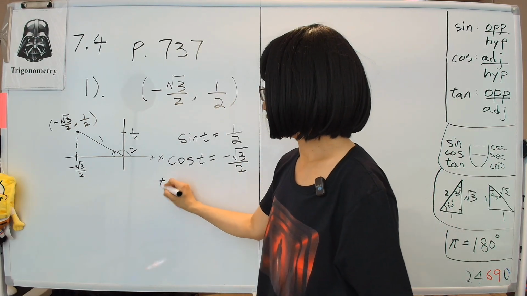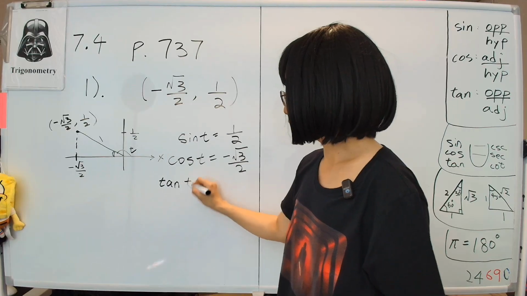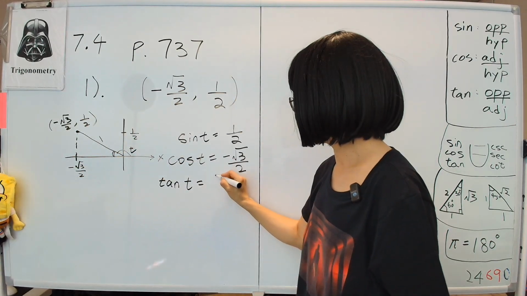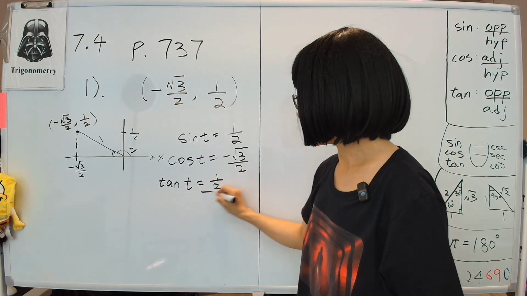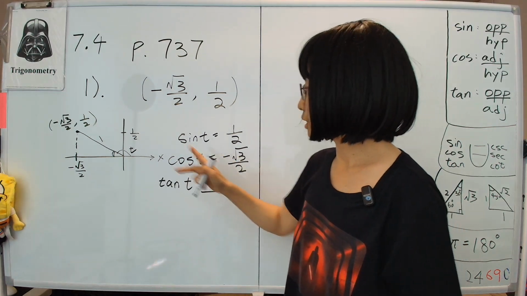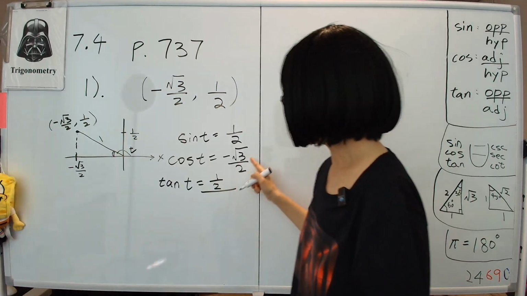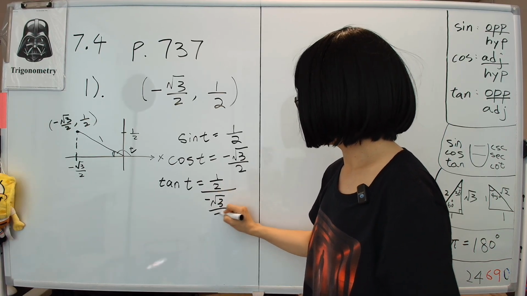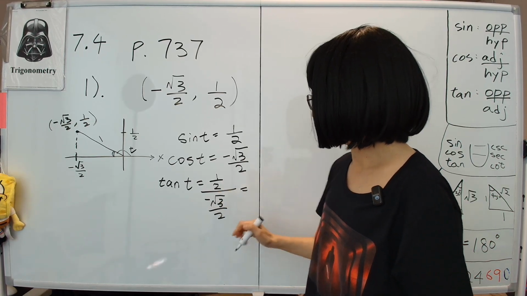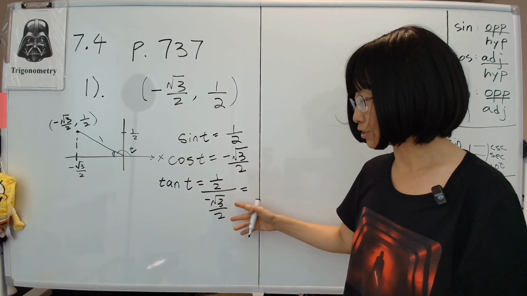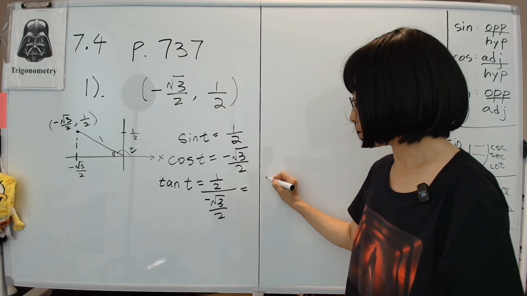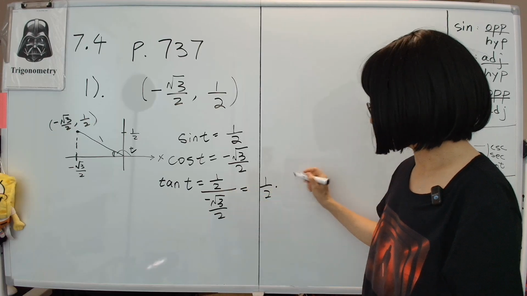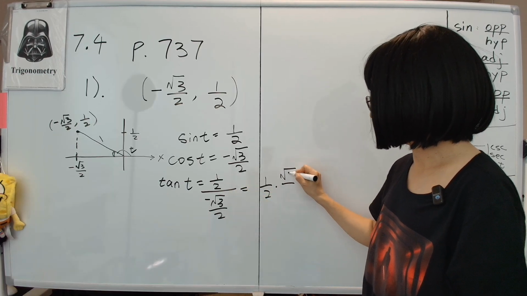Continuing, tangent of t equals opposite divided by adjacent, which is 1/2 divided by, the opposite is 1/2, adjacent is the negative square root of 3 over 2. So that would be equal to, divide by a fraction is the same as inverse and multiply. So we're doing 1/2 times, flip this thing around.